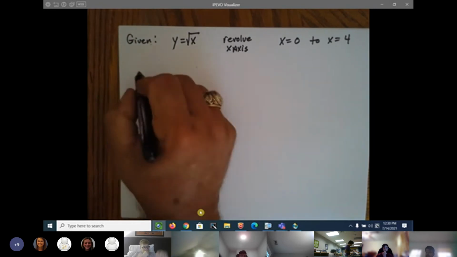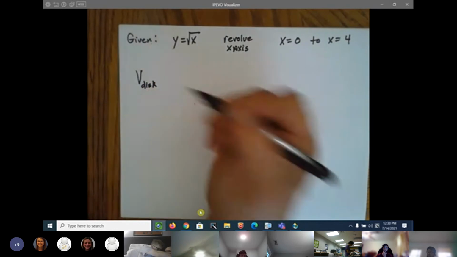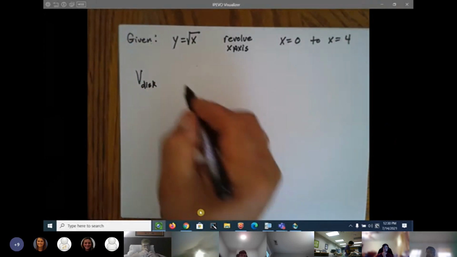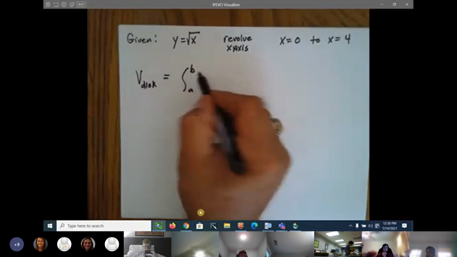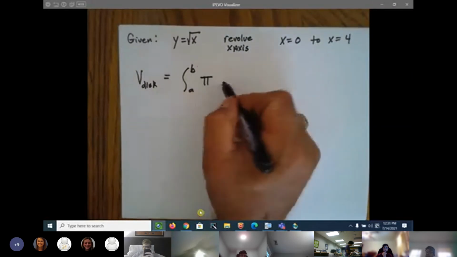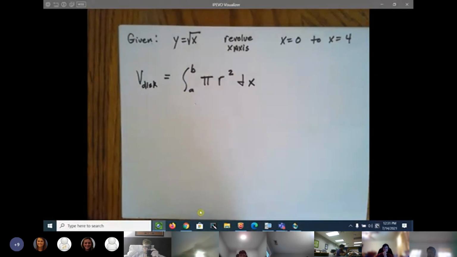So the volume found by a disk is equal to the integral from A to B of pi r squared dx.